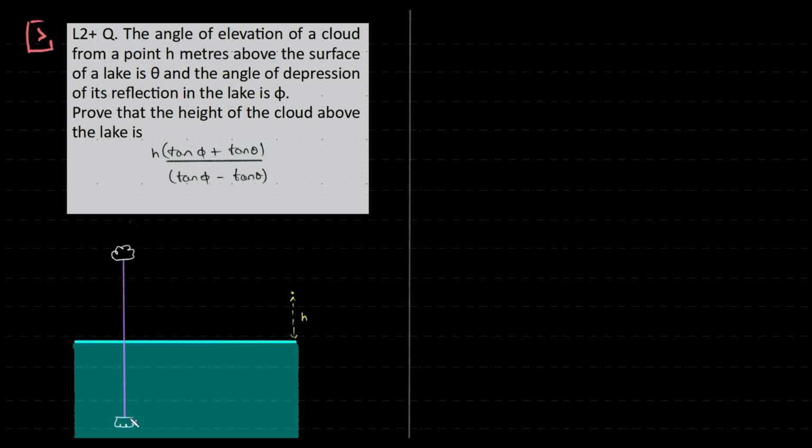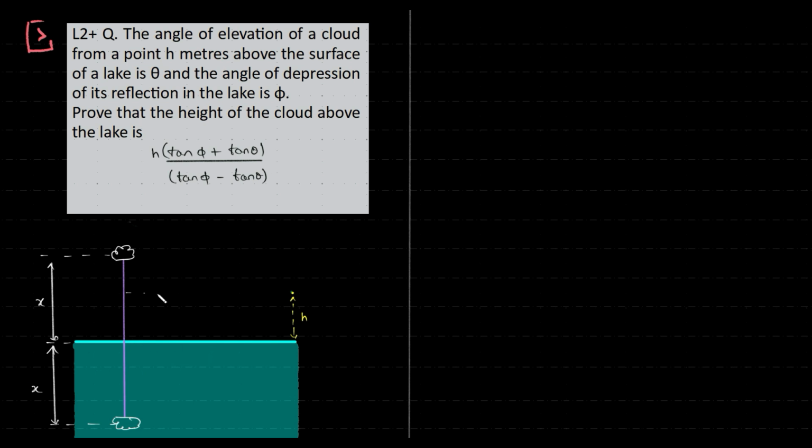The distance between the lake and the object and the lake and the image will be one and the same, right? The object distance is the same as the image distance in case of a plane mirror. That's the whole funda over here. So we have this to be x, and this too will be x, since the lake is acting like a plane mirror.